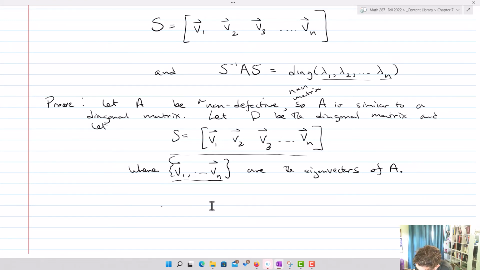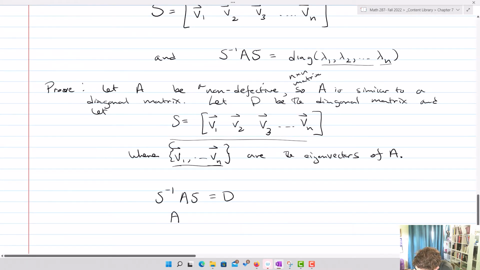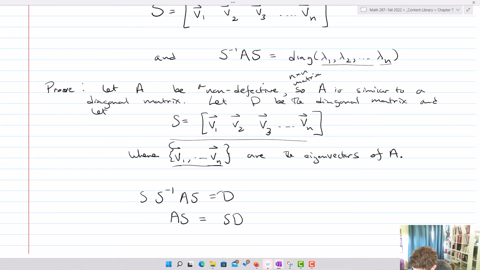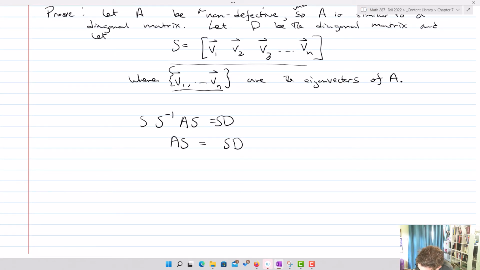So what that means is that S inverse AS is going to equal D. That's our definition of similarity to that diagonal matrix D. So AS is going to equal SD, because we're just right multiplying by S on both sides. Now in AS, A is going to be multiplied by V1, V2, all the way up through Vn.